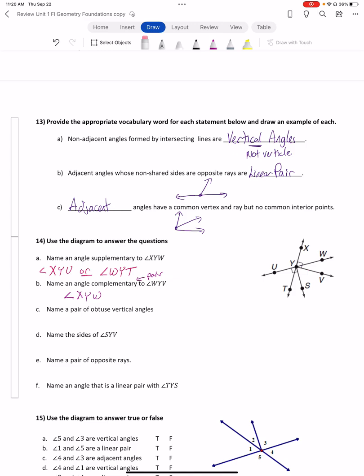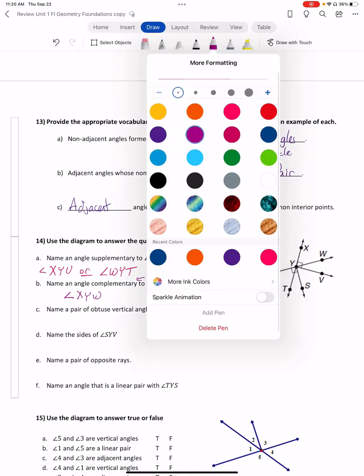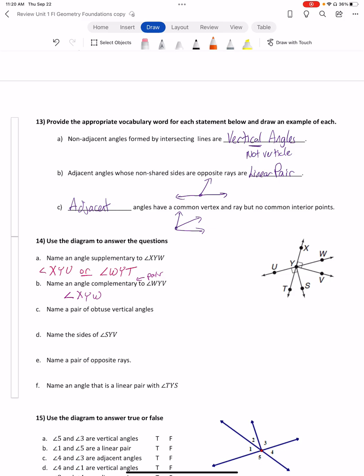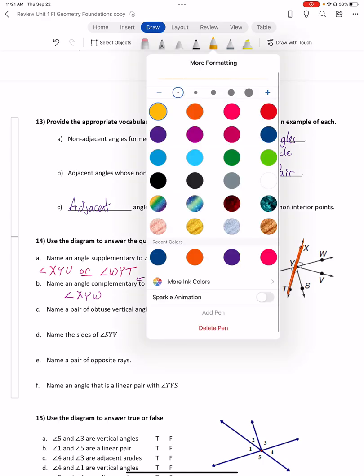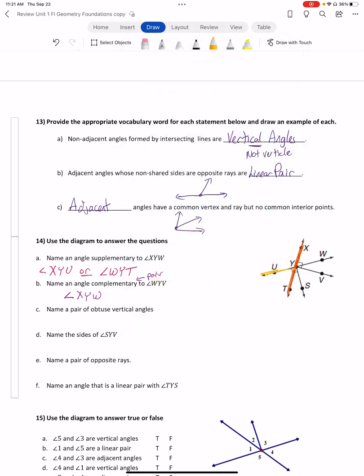Let's name a pair of obtuse vertical angles. Yes, we're going back to that because you guys had a tough time with that. So first thing I do with this is I look at my intersecting lines. So do you see that this line and this line intersect? The rest of these do not keep going.